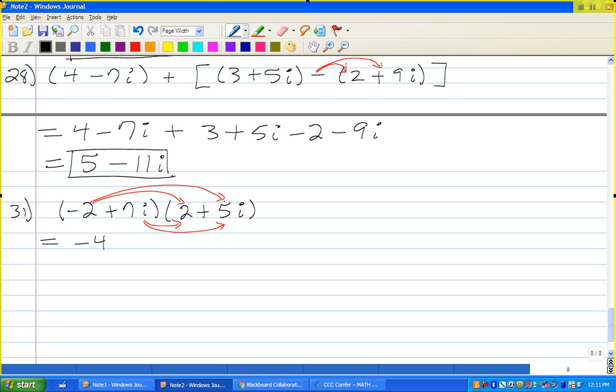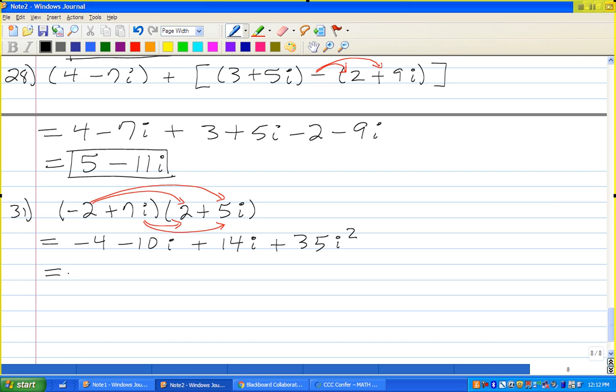Negative 2 times 5 is a negative 10i. 7i times 2 is 14i. 7i times 5i is a positive 35i squared.